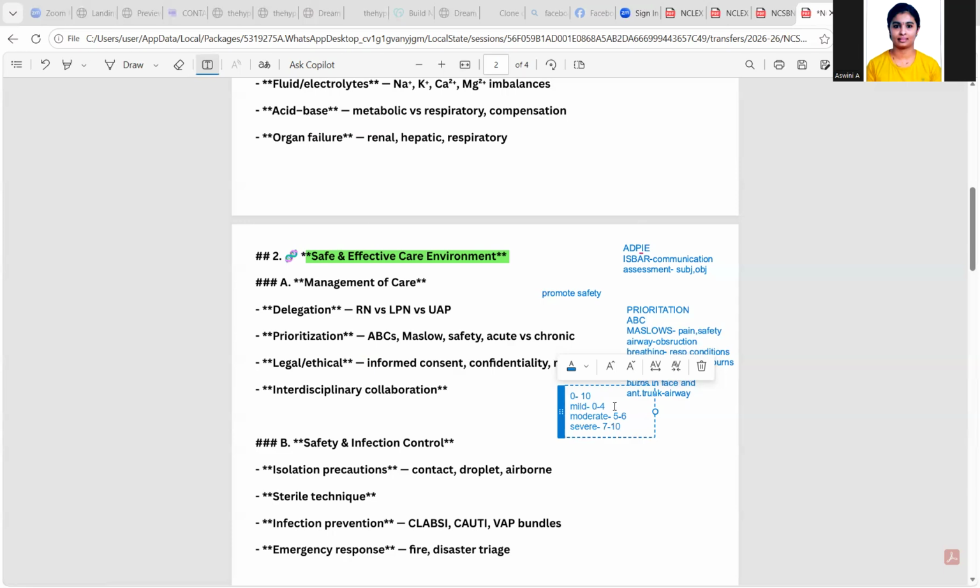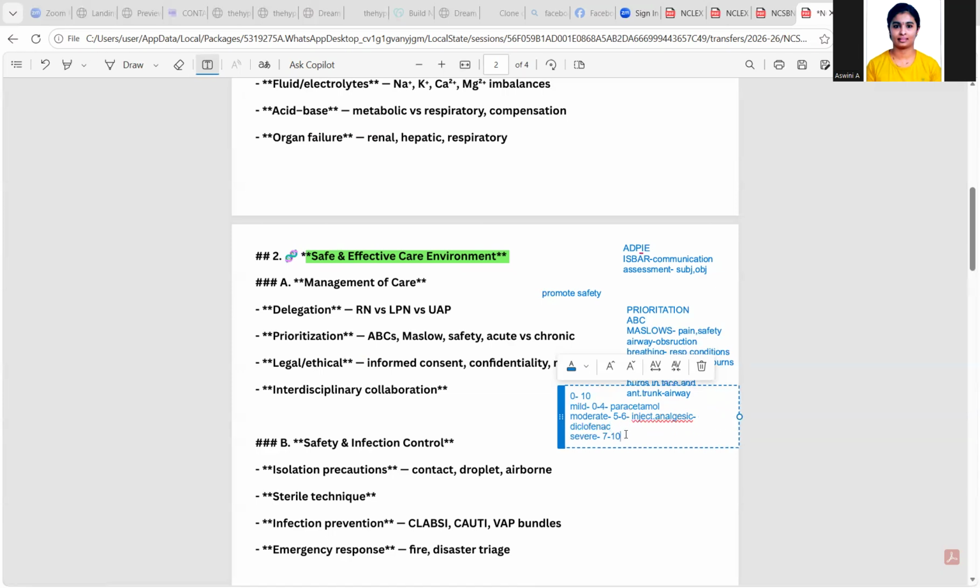So for example, mild pain we can manage with a paracetamol tablet. If it is moderate pain, we can give IV injections, like analgesic injections. Tell me one example of an analgesic: diclofenac, tramadol.